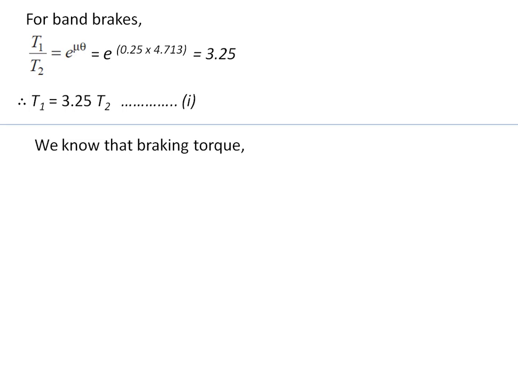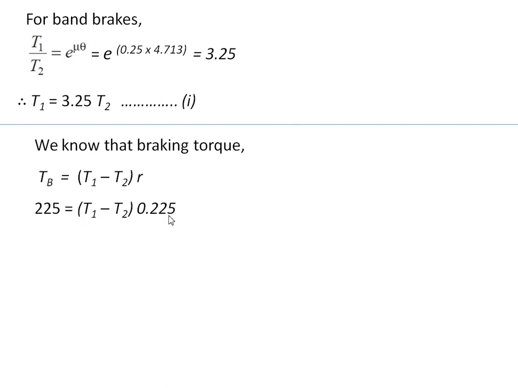So now we know that braking torque equal to T1 minus T2 multiplied by R. So braking torque is given in the problem and radius is also given in the problem. So we will use this relation to establish one more equation in terms of T1 T2, so that we can substitute value of T1 in terms of T2 to get the values for T1 and T2.